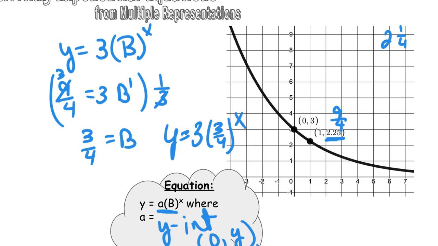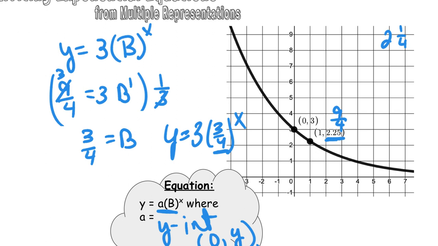Now let's see if that makes sense. My b value falls between 0 and 1. Would that represent decay or growth? Decay.